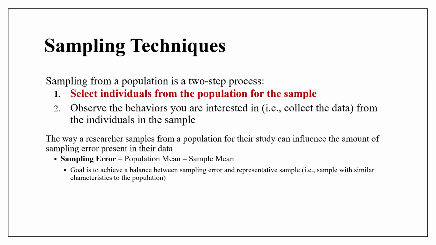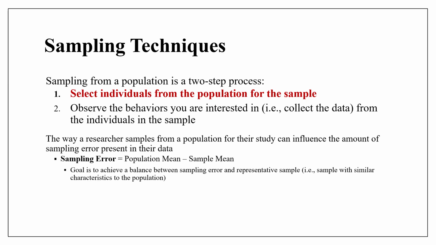So again, who our sample is matters because this is going to influence the amount of sampling error that is going to be present in our data. And again, sampling error is simply the difference between the population mean minus the sample mean.